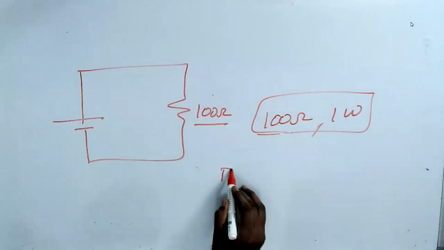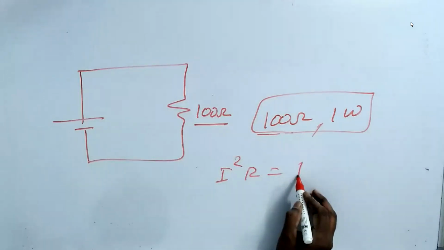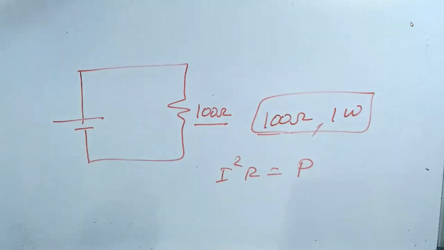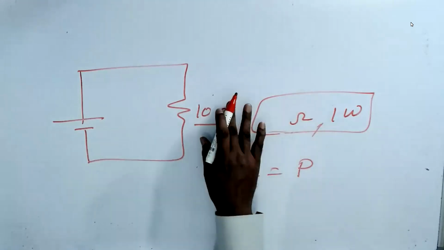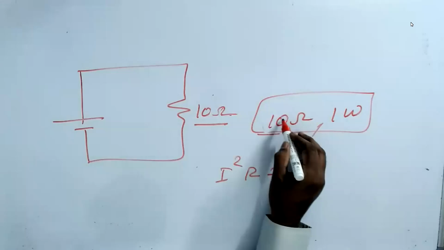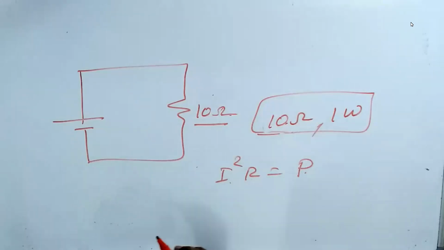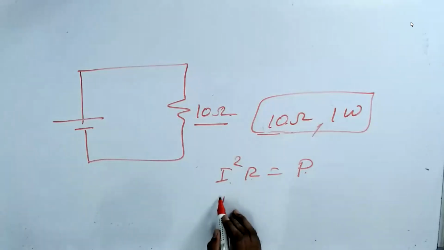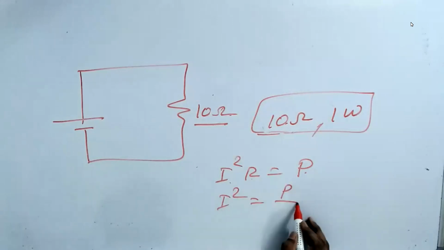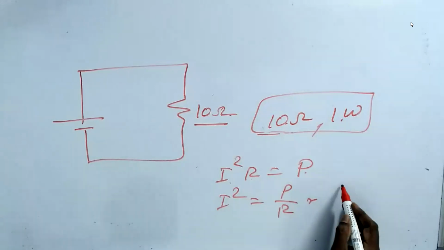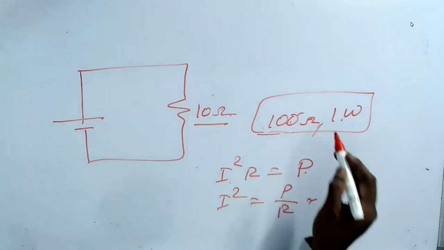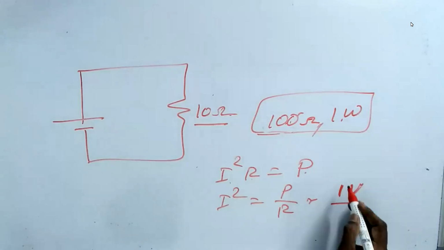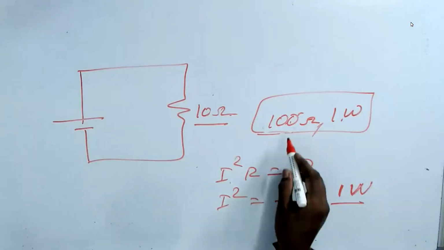You know that I square R is equal to P. Now I square is equal to P by R. P is 1 watt. 100 ohm may be easy. 1 watt divided by R, which is 100.